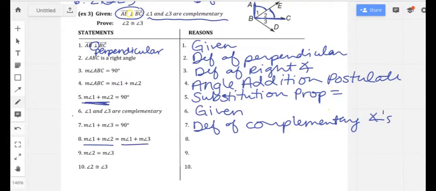Where do I see 1 plus 3? Notice that in 5 and 7, 1 plus 2 is equal to 90, 1 plus 3 is equal to 90. So now we can say they're equal to each other. So again, this is substitution because we took 1 plus 3 and plugged it in there for 90. So anytime you're moving around angles or expressions, like 2 angles being added together, that would be substitution.